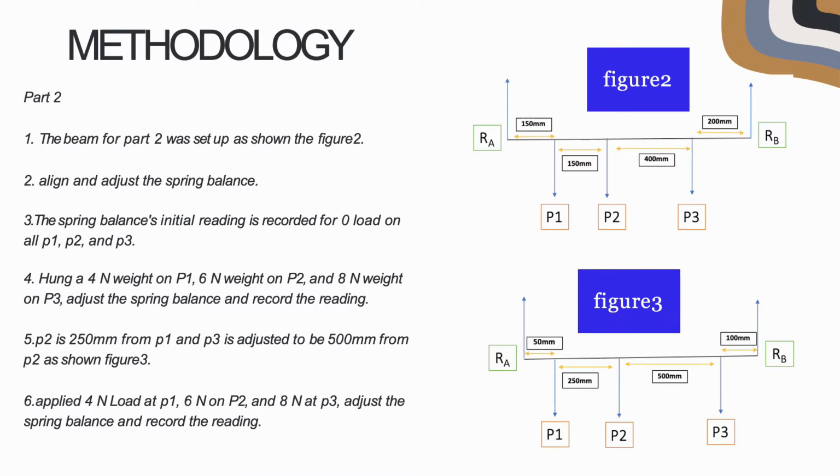The last step is you have to apply a 4 Newton load at B1, 6 Newton on B2, and 8 Newton at B3, and adjust the spring balance and record the reading. That's all for me for the methodology part.